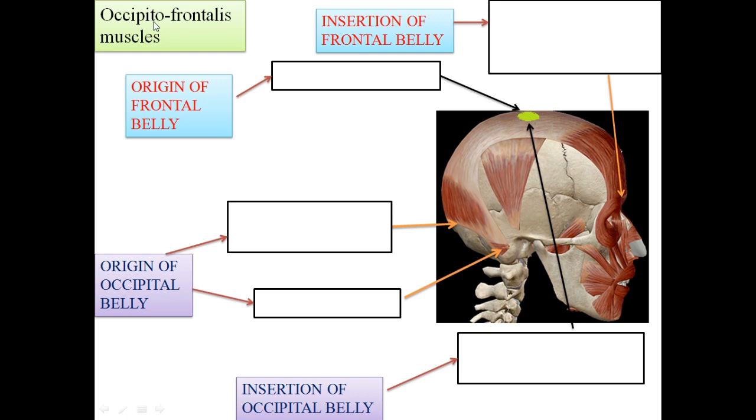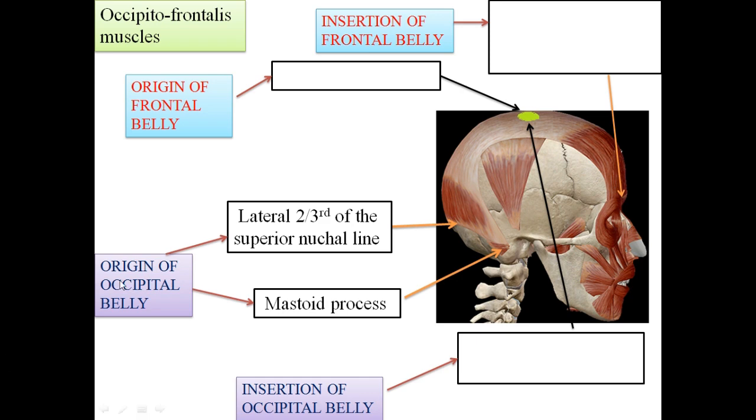Occipitofrontalis muscle, it's a combination of two bellies, occipital belly and frontal belly. The occipital belly arises from the lateral one third of the superior nuchal line of the occipital bone, and the mastoid process.